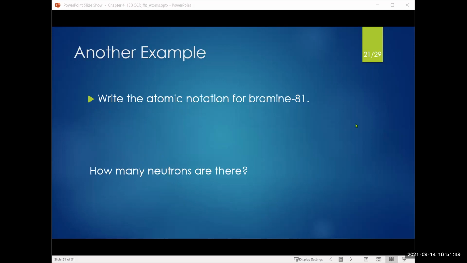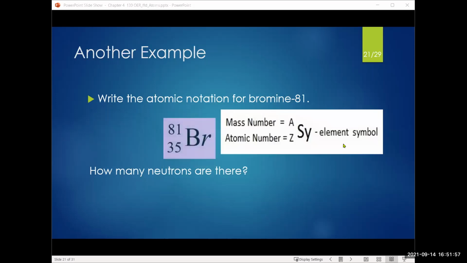All right, another example here. They're asking you to write the atomic notation for bromine 81. When we do that, we look up the atomic number for bromine on the periodic table, and that's number 35, element 35. So it's subscript left, the 35, and then they give you the mass number, and that's 81.